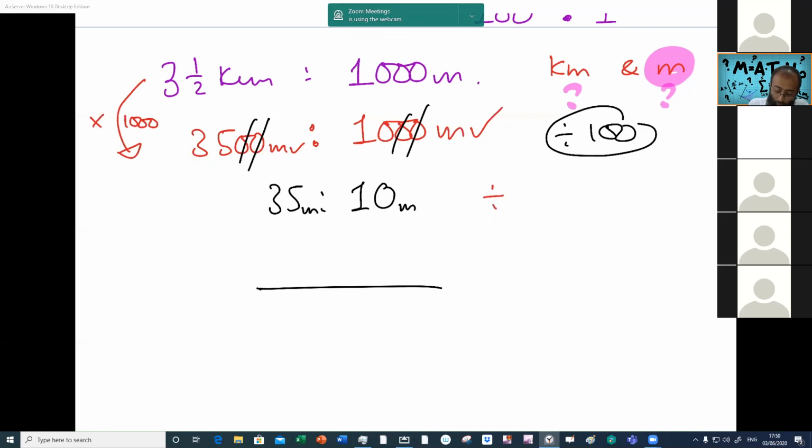What's that number then? Give me that number. 5. Fantastic. You divide it by 5. So that's our final answer then. It's all done. So 3.5 kilometers and 1,000 meters simplifies to the ratio 7:2.